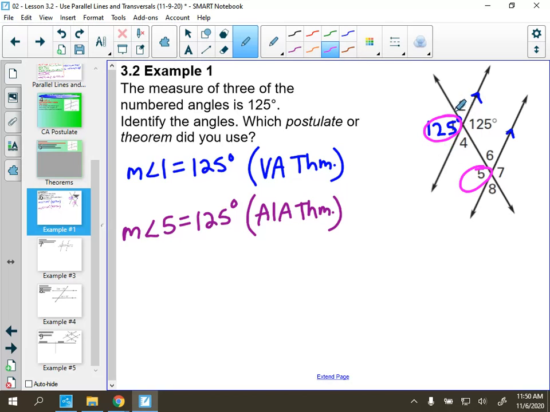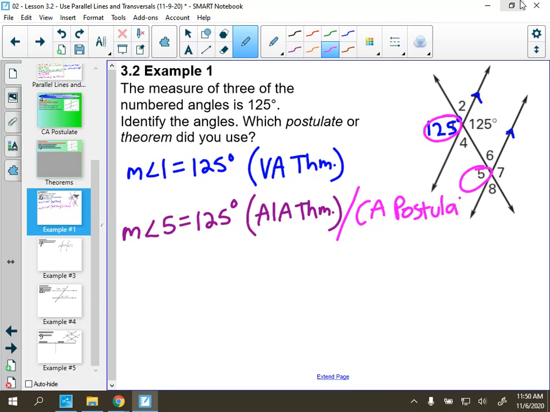It's below the transversal to the left of this line, below the transversal to the left of this line. Those are what we call corresponding angles. I'm kind of using a previous number that I came up with, but I can for sure say that the measure of 5 is still 125, but I might have a different way of justifying this because of the CA postulate.